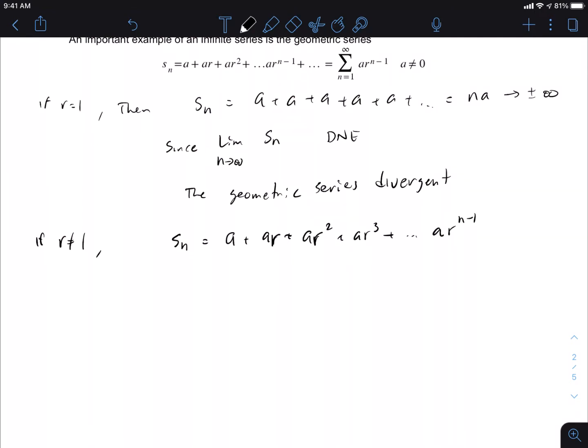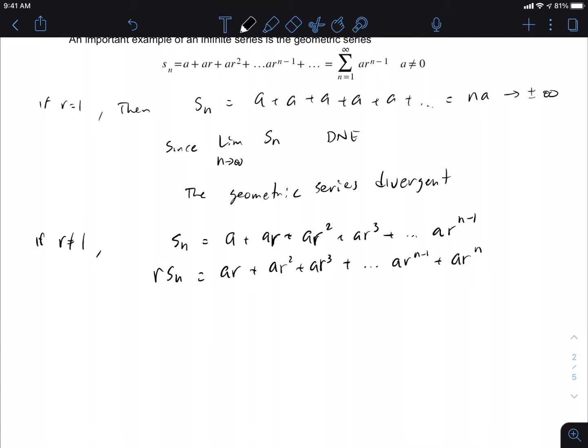That's the geometric series. I'm going to manipulate that same series by multiplying by r. So r S sub n is going to be equal to Ar plus Ar squared plus Ar cubed plus, up to Ar to the n minus 1 plus Ar to the n.